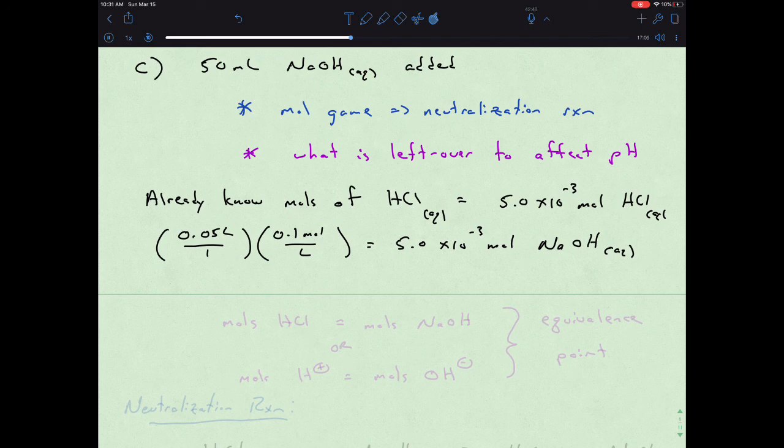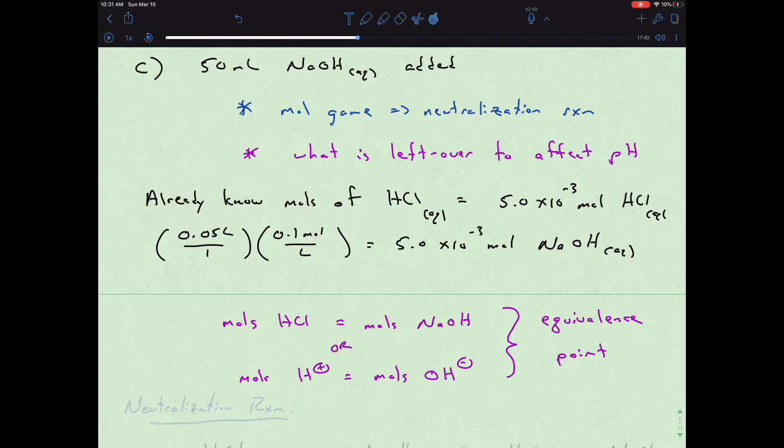So that means that if our moles of HCl is equal to our moles of sodium hydroxide, or another way to say that is our moles of H plus is equal to our moles of OH minus, this is the equivalence point. So remember, that's that special place in the titration curve where moles is equal to moles.